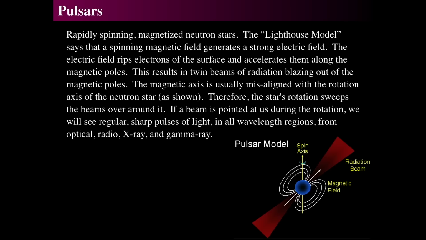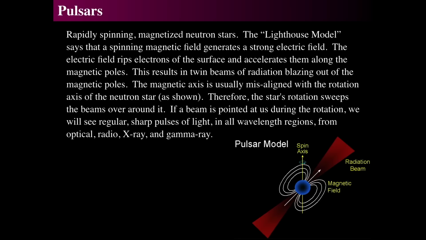The magnetic field does not have to be aligned with the spin axis, in the same way the Earth's rotation axis is not aligned with its magnetic field axis. In the same way, a neutron star's magnetic field is not necessarily aligned with its spin axis. So if we're in the direction of one of these beams, then we see a blip. If we're not in the direction of the beam, then we don't see a blip, and that's that.